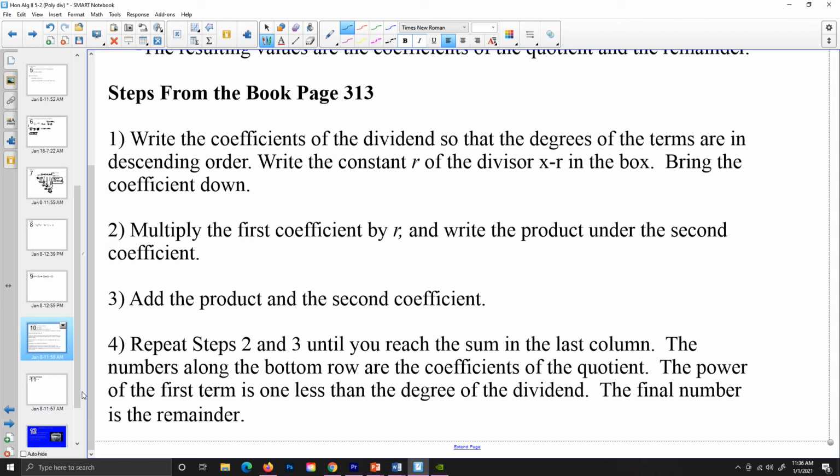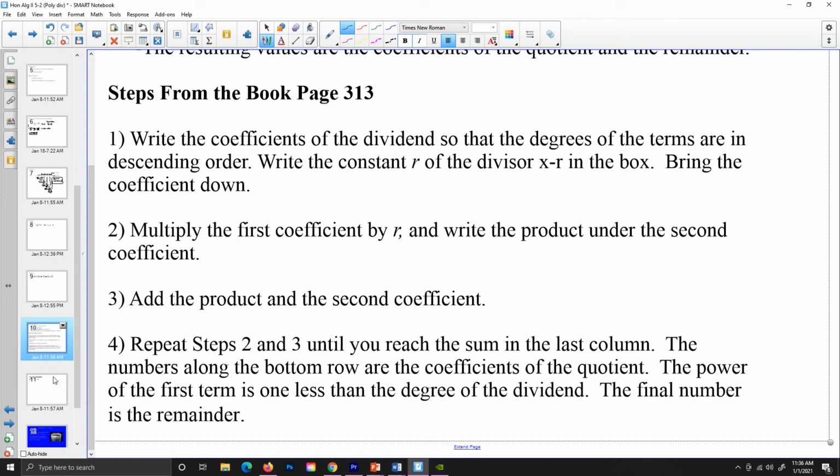Multiply the first coefficient by r and write the product under the second coefficient. Add the product and the second coefficient. Repeat steps 2 and 3 until you reach the last column. The numbers along the bottom row are the coefficients of the quotient. The power of the first term is 1 less than the degree of the dividend. The final number is the remainder.